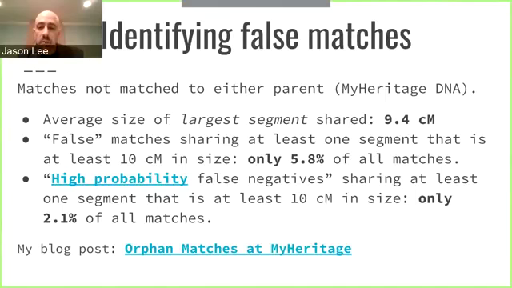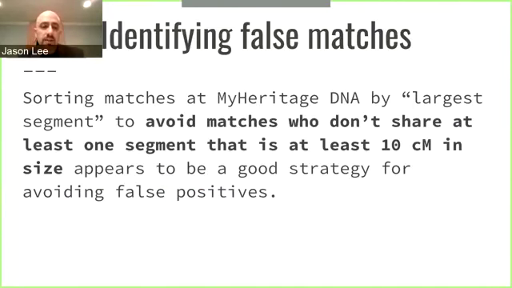But the take-home point from this fairly busy slide is that if we focus on matches who share at least one segment that is at least 10 centimorgans in length, we can probably do a pretty good job of avoiding false matches. So this summarizes that point.